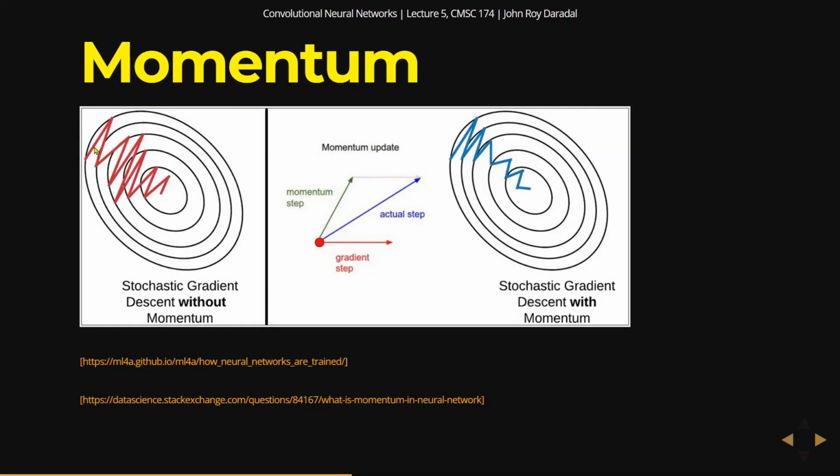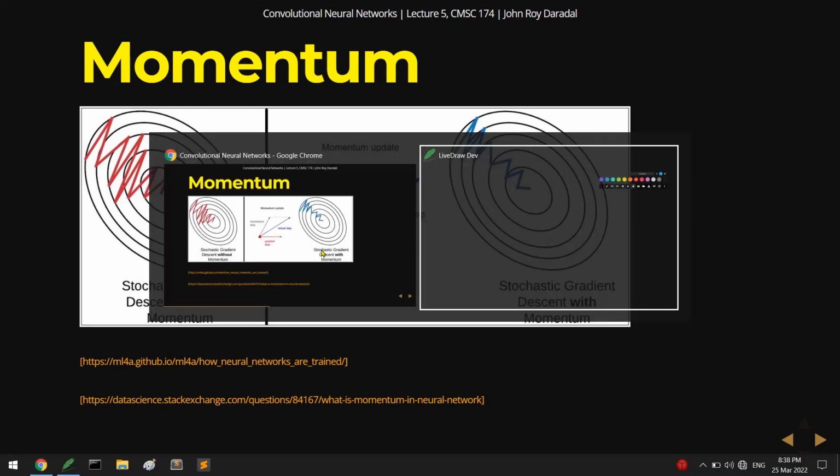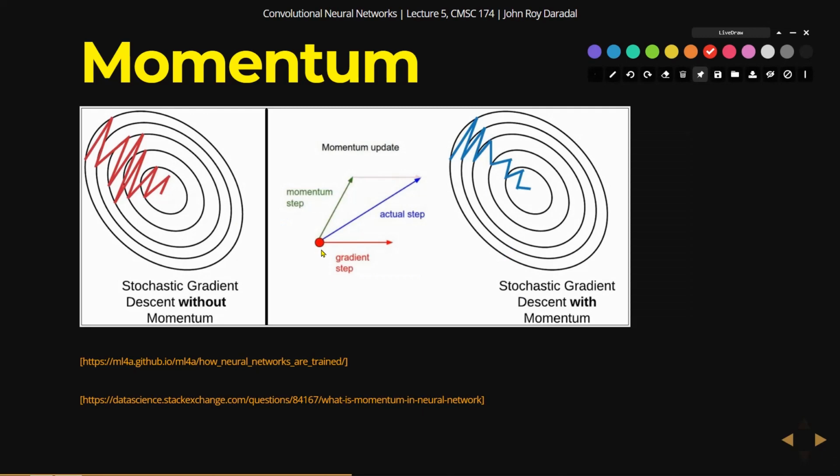Without momentum, the convergence could look something like this, a lot of zigzags. But with the momentum, let's say that so far the momentum is telling you to go this way.